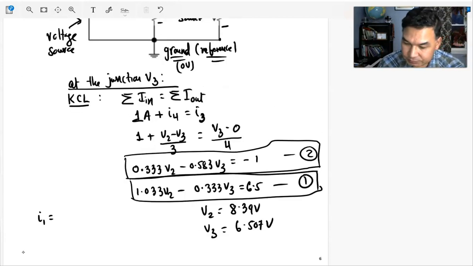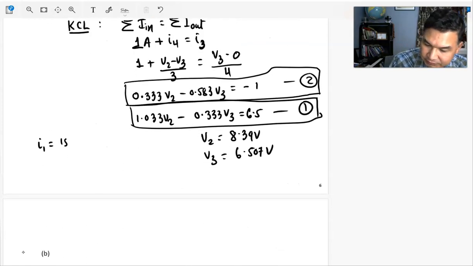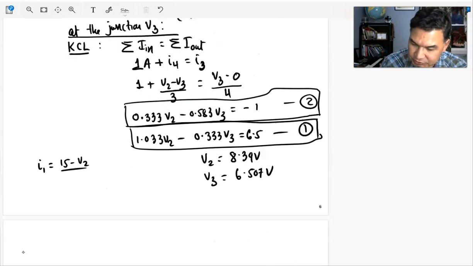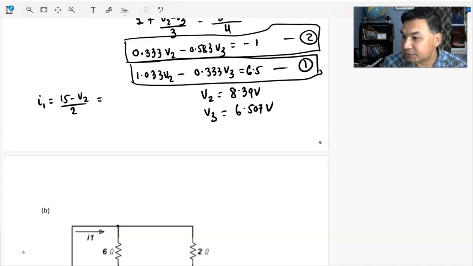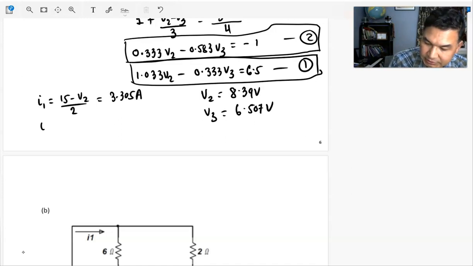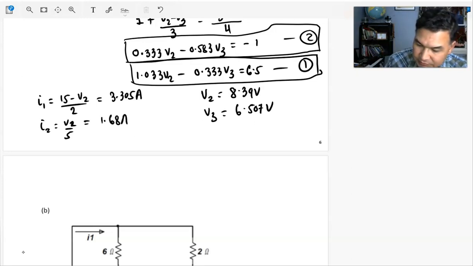Once you have these unknown voltages, you can solve all the unknown currents. Let's say I1 is 15 minus V2 divided by the resistance 2 ohms. V2 we have already calculated as 8.39, and that will give you 3.305. Similarly, you can solve all the unknown currents. I2 is V2 over 5 ohms, and that should give 1.68 amps.